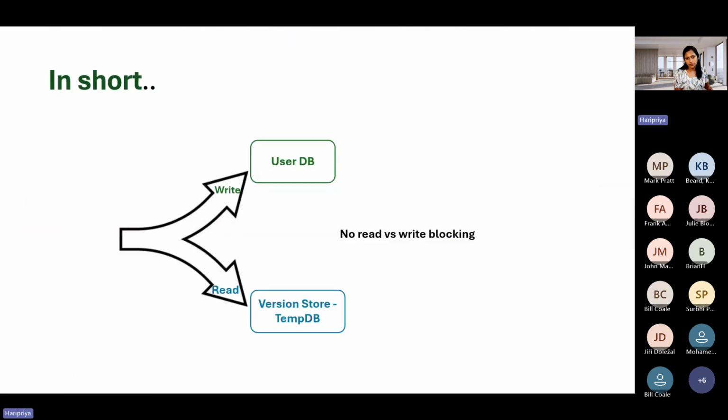So in short, if you don't want to mess around with all these details, the idea here is reads go to the version store in tempdb and fetch the records from there, and write operations go to the user table in the database. So there's no more read versus write blocking when you have RCSI enabled.